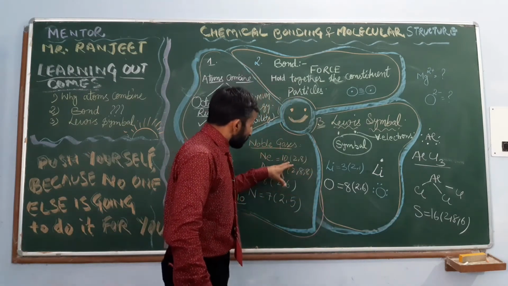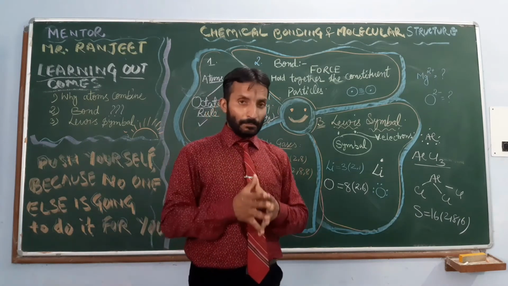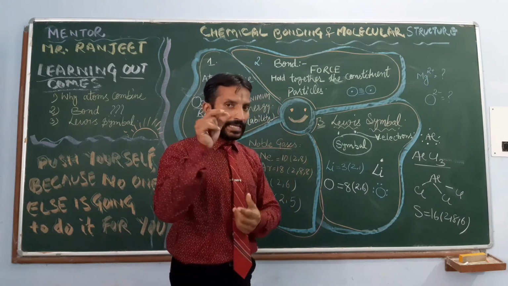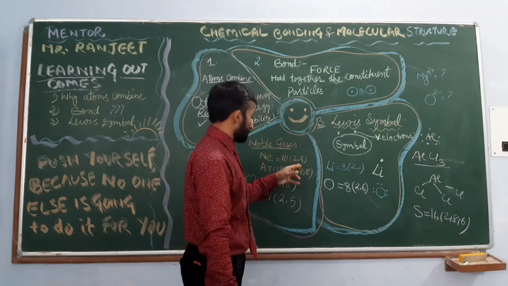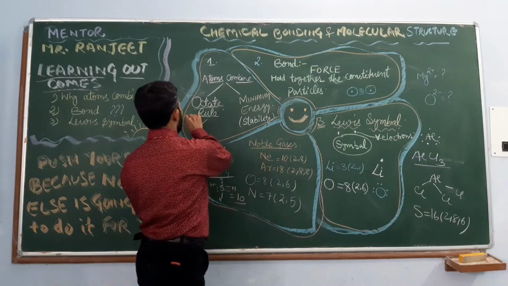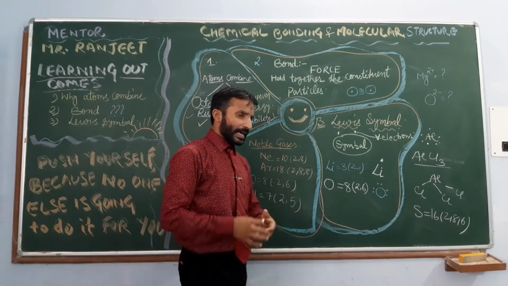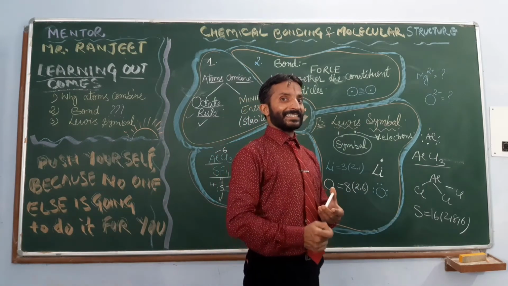So what they found out is that their octet is complete, meaning they have a tendency to have 8 electrons in their valence shell. So it is known as the octet rule. Generally, we say that their valence shell is complete.